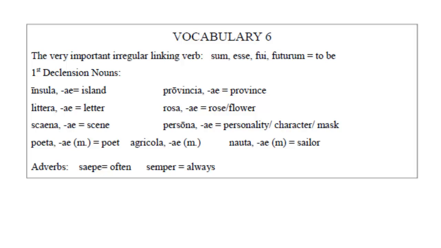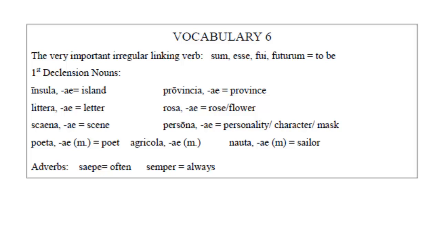So when you put an adjective with them, that adjective will need to use the second declension us endings. And the 2 adverbs that we're introducing this week are saepe, often, and semper, always.